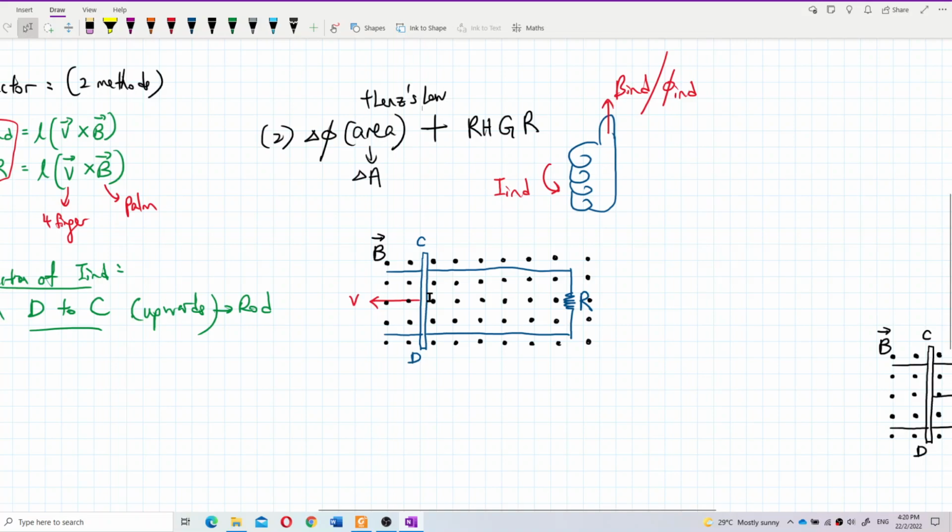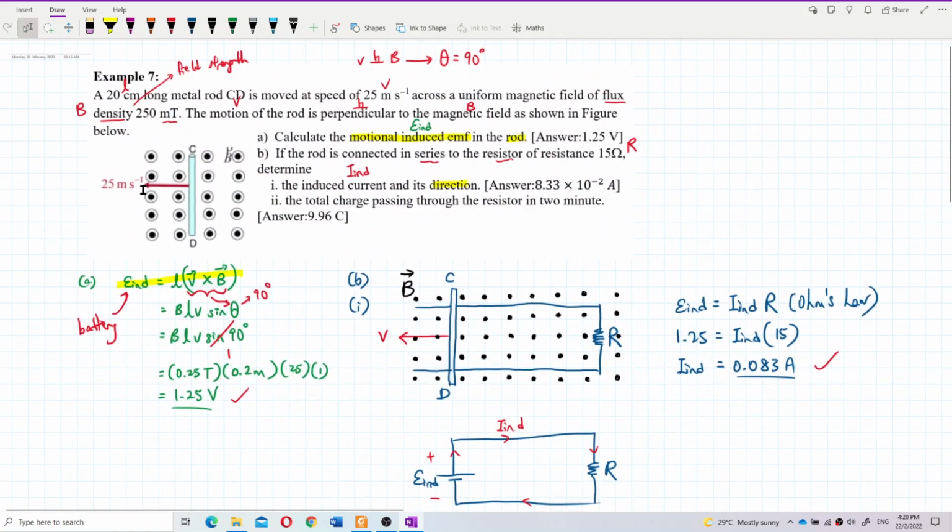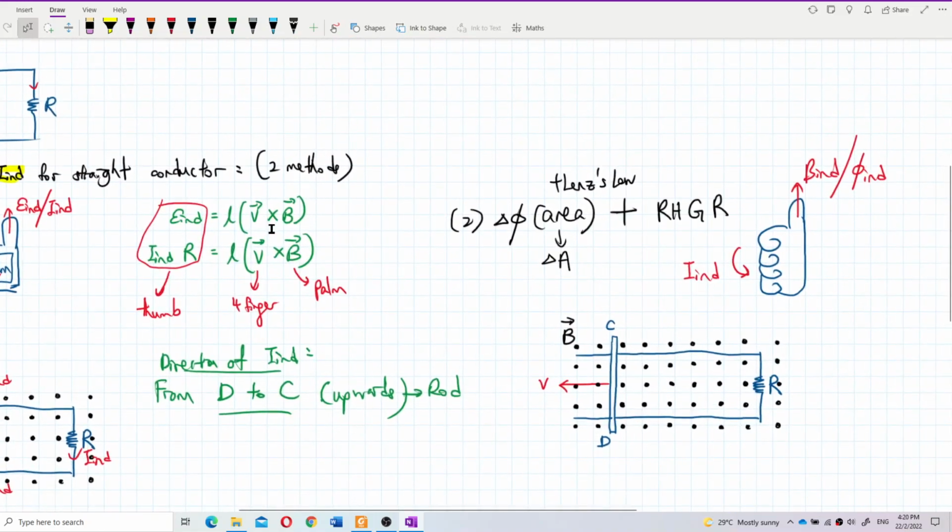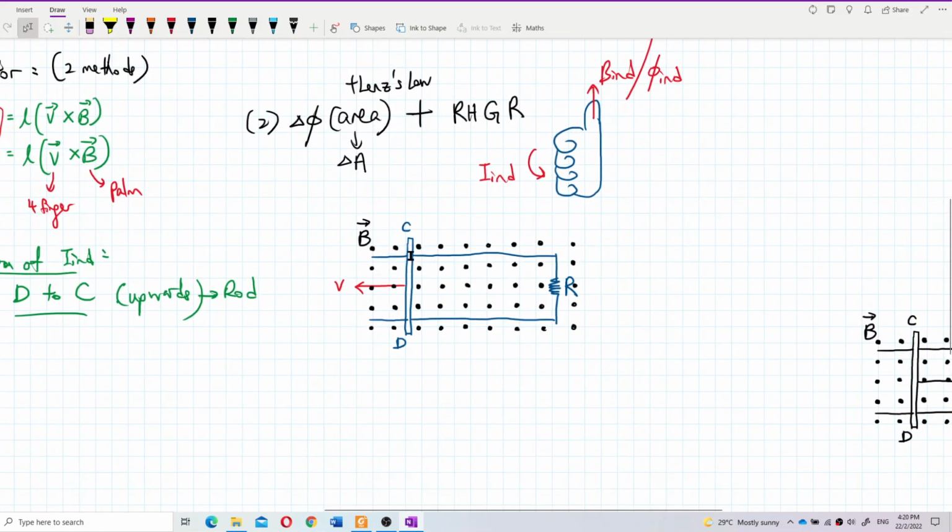Look at here. When CD goes to the left, what happened? This is the original area, right? For this question, I just draw a resistor, and this is CD. Originally, let's first look at the original area.